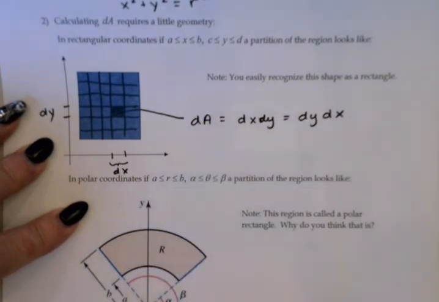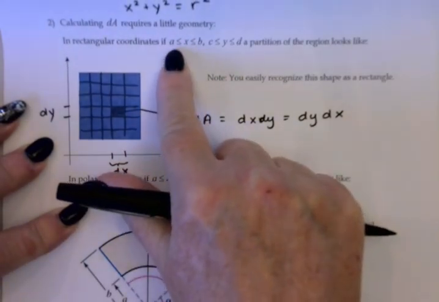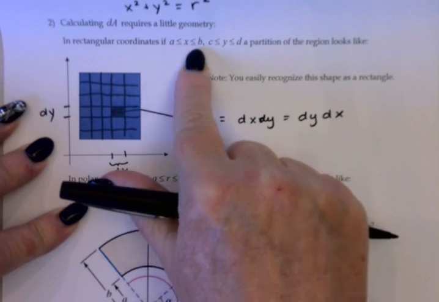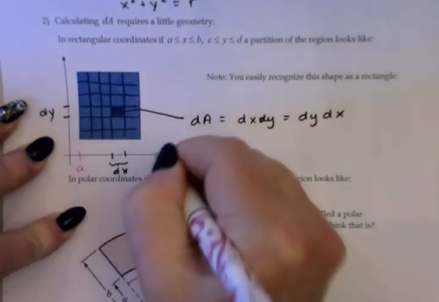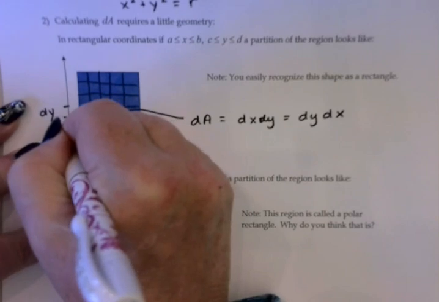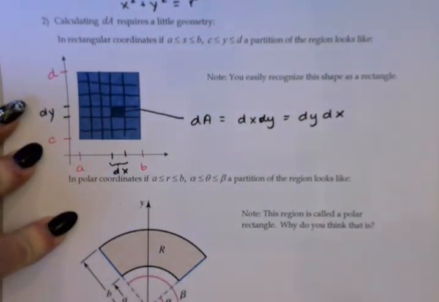Now let's think about what's going on in polar coordinates. This, of course, is what we always call a rectangle. And the rectangle in rectangular coordinates has the property that x varies between two constant values, and y also varies between two constant values. X here goes from a to b, and y goes from c to d. Let's think about what would happen if we did something similar in polar coordinates.